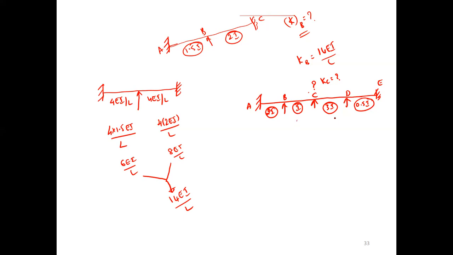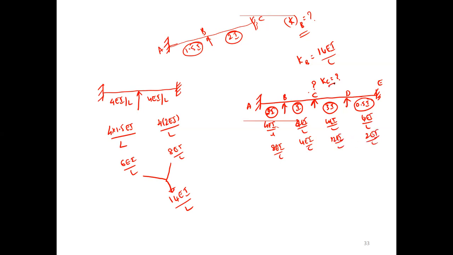Here also there is no simple support, so 4EI by L each. So here 4 into 2, 8EI by L. Here 4EI by L. Here 4 into 3, 12EI by L. Here 4 into 0.5, 2EI by L.